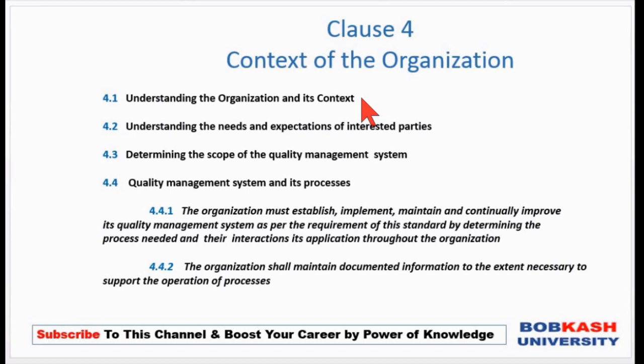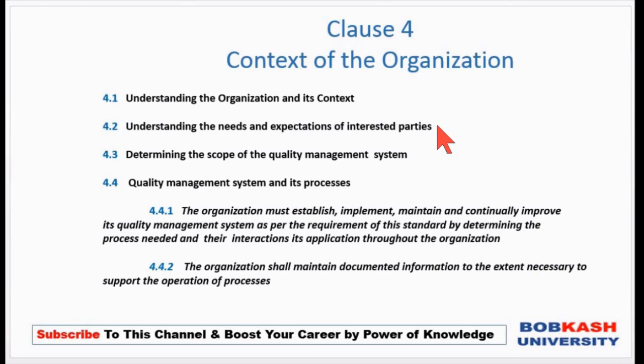So clause number 4 has 4 subclauses. 4.1, understanding the organization and its context. We will understand in the coming slides what the meaning of organization is, what it really means in this standard, and what it really means by the context of the organization. 4.2 is understanding the needs and expectations of the interested parties.